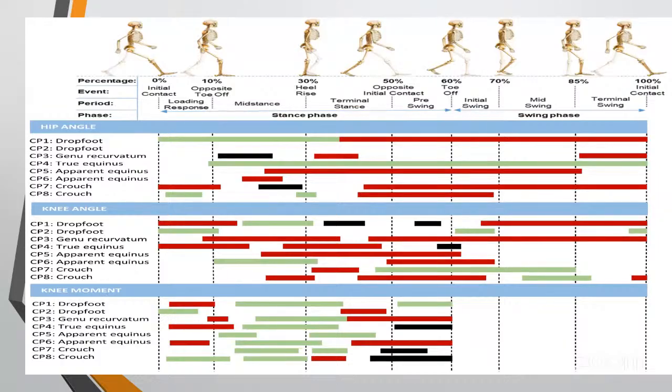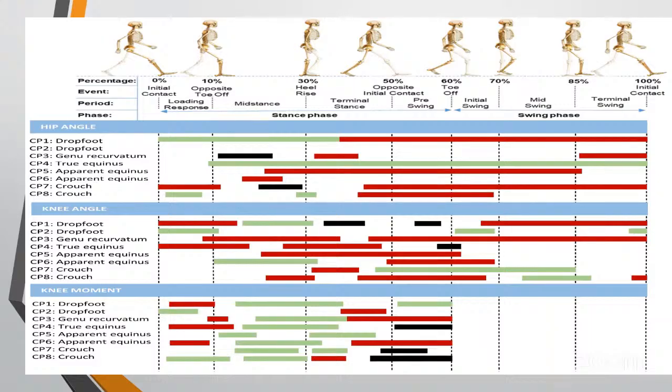From terminal stance to pre-swing, you also have about 20%. But from pre-swing to initial swing, you see just 10%. From initial swing to mid-swing, you see 10%. From mid-swing to terminal swing, you see 15%.